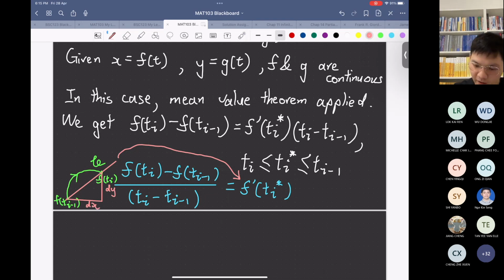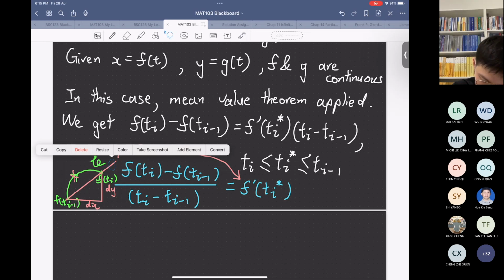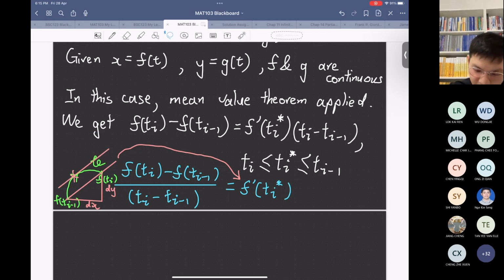So what does it mean that this equals the tangent at a certain point in between ti and ti minus 1? That point is exactly around here, where you can just move this f prime up. It is realized by some point in between ti minus 1 and ti.